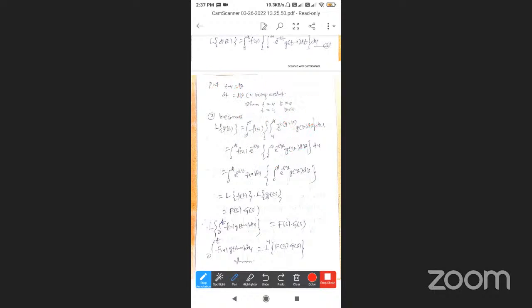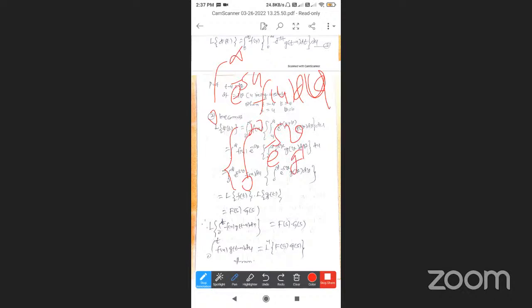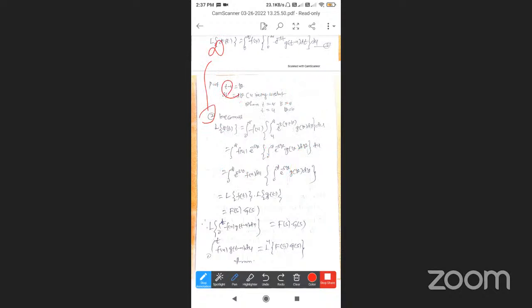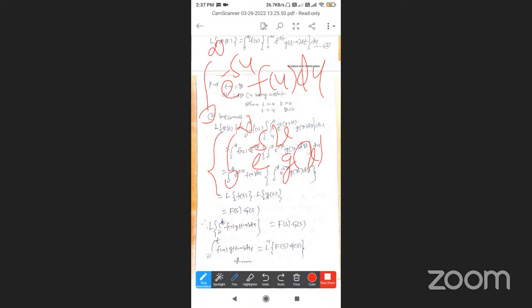This is the integral from 0 to infinity of e power of minus su into f of u du, the u integration. The next integration is from 0 to infinity of e power of minus s nu into g of nu d nu.